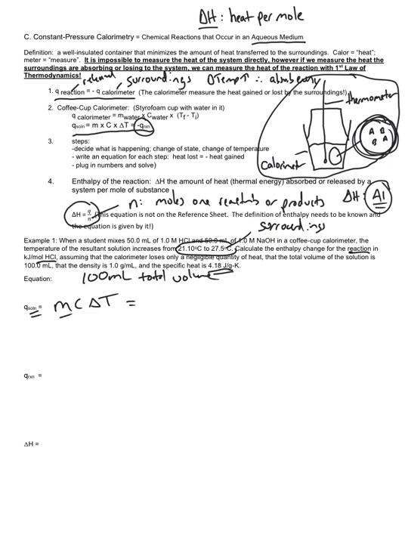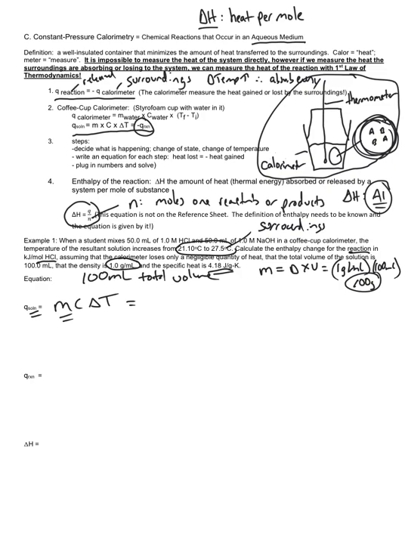However, we cannot plug volume in for mass, and this is why they gave us the density of it. The density is 1. Mass is equal to density times volume. So 1 gram per milliliter times 100 milliliters equals 100 grams precisely.